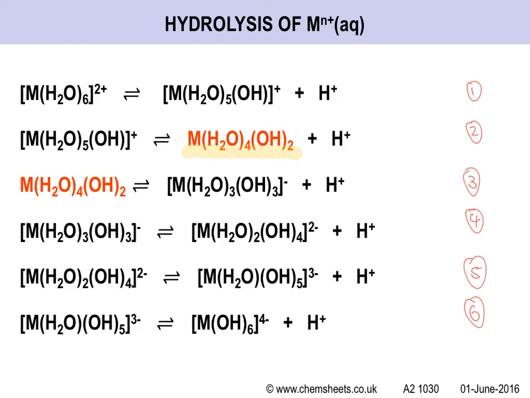But also it's in red because this is the precipitate that we're going to see in some of the different reactions. Because the complex itself has no overall charge, it isn't able to dissolve.